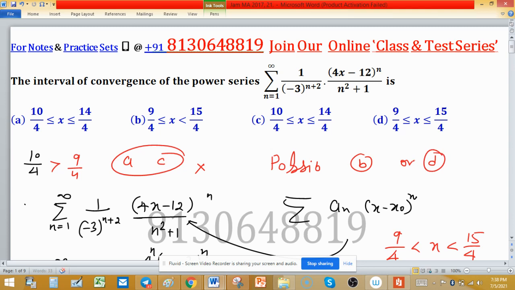In B and D you can see 15 by 4 on the right-hand side of the inequality, and equality holds at 15 by 4. So one option will be discarded automatically if we check convergence of this series at 15 by 4.